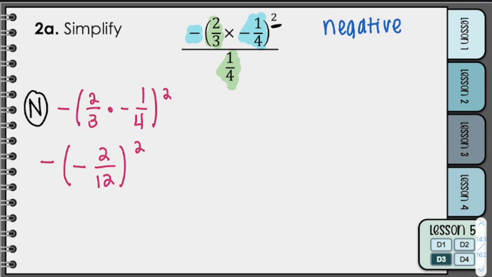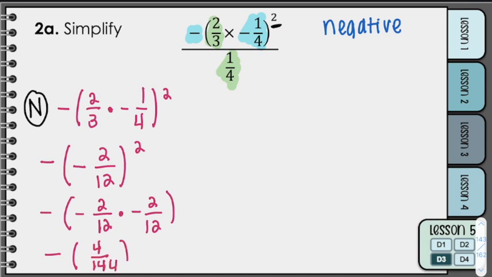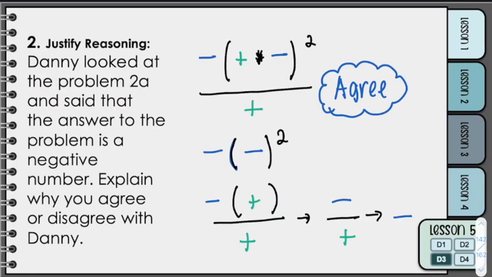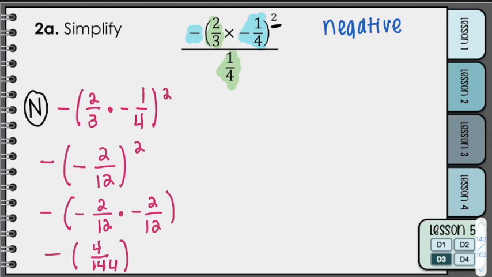You're going to square that, which is going to be negative 2/12 times negative 2/12. We know it'll be positive, so we have a negative 4 over 144. So we're going to take our negative 4 over 144, divide that by 1/4.